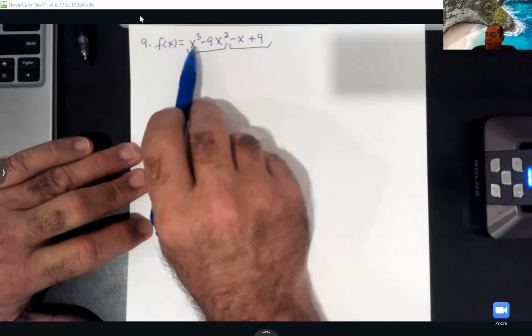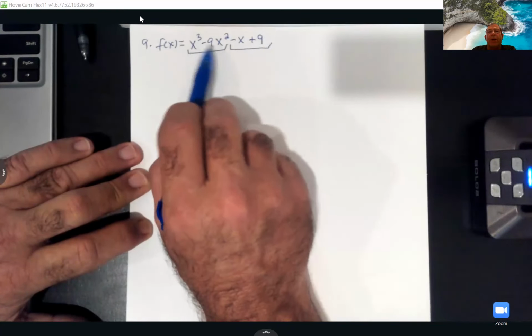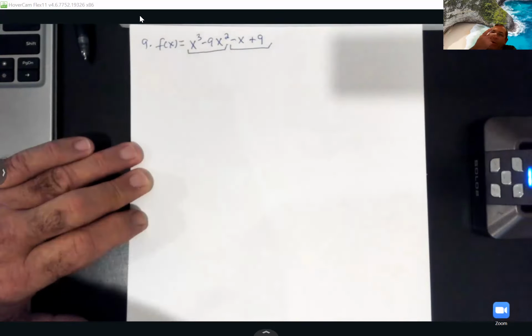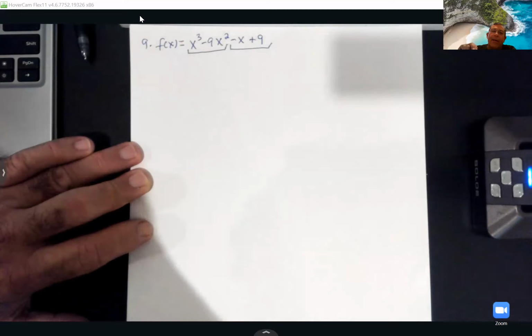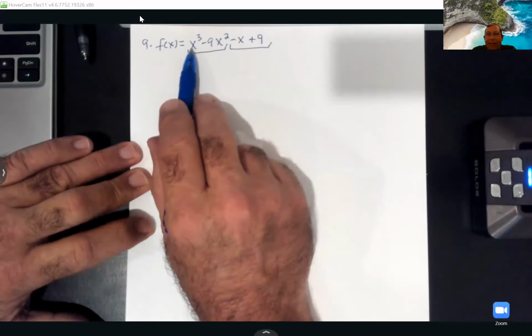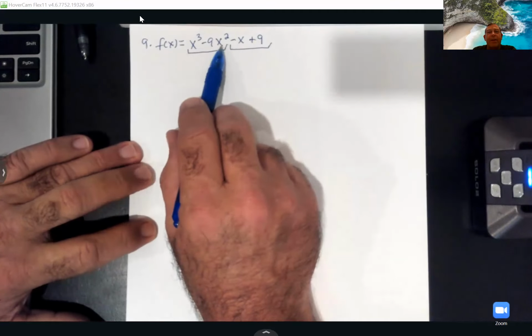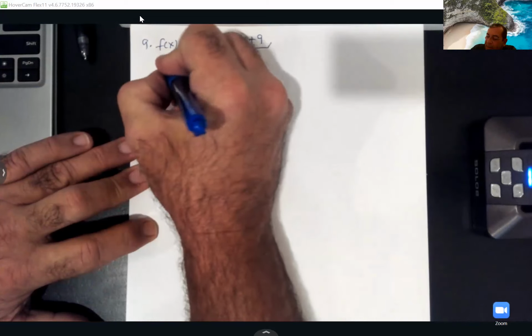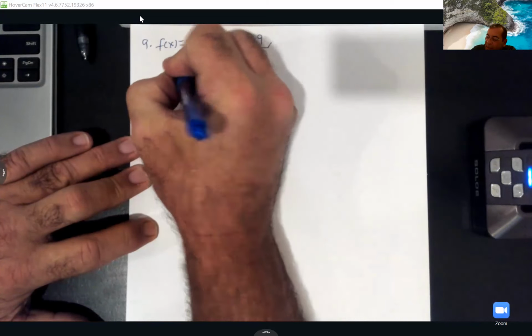So the first 2 terms, I'm looking for a greatest common factor. And you're going to notice I'm going to factor out the same thing I did on number 10. x cubed is here, x squared is here. I'm going to factor out an x squared.